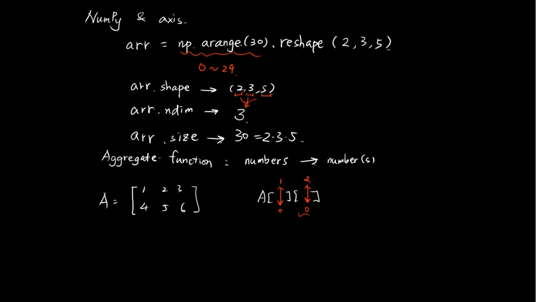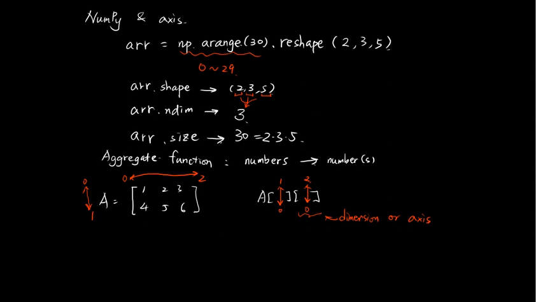Each of these is called a dimension, or is called an axis. So you will see the dimension occurs here, 0 to 1, 0 to 2, and you will get the feeling of what the axes are.